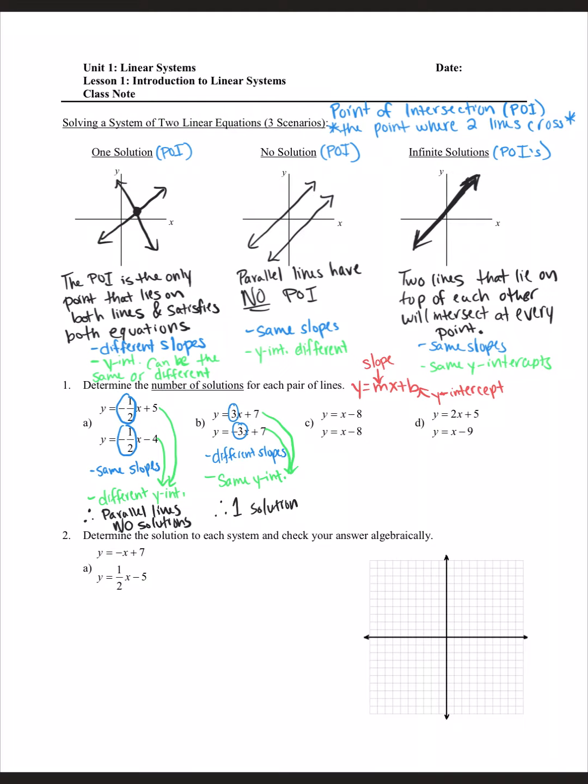Okay, we'll continue on. If we look at the next one, hopefully we can logically think through this one, but these equations are exactly the same. So there is no slope written here, but it's implied that there's a 1 in front of my x. So we have the same slope. And our y-intercept is -8 and -8.